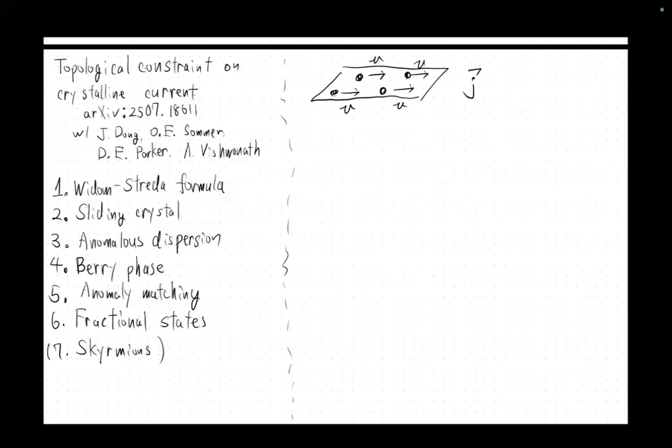A classical intuition tells us that this current should be proportional to just the charge of electron, the electron density, and then the velocity of the crystal. I'll tell you, however, that this intuition is in general incorrect, that there's an additional term that you need to keep track of that determines the actual microscopic current that's being carried by a crystal that moves at velocity v.